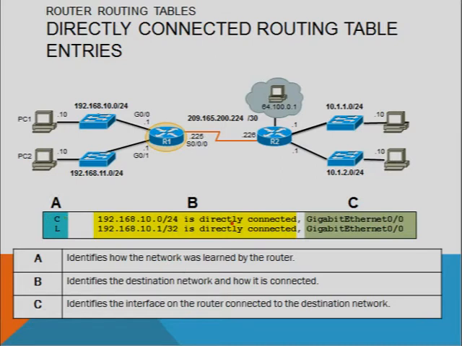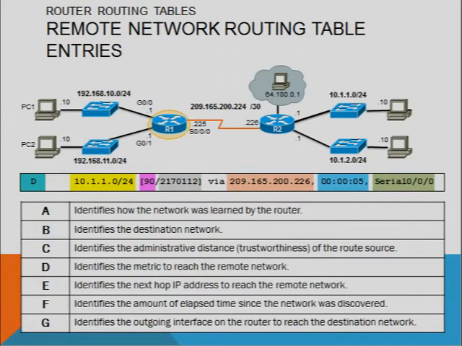C means that it is directly connected to the network. The network is 192.168.10.0/24, and it is through the interface known as gigabit Ethernet 0/0. This interface is represented in the diagram, and the R1 router learns of this network in the routing table. Part B is the destination network, and C shows the interface.